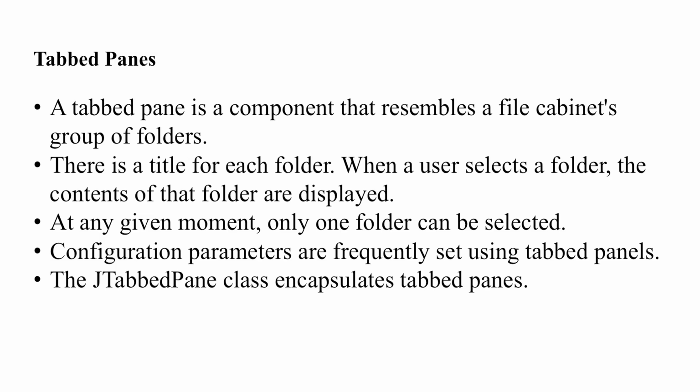One is the tabbed pane. This is a component which resembles a file cabinet, a group of folders. We have a title for each folder. Whenever we select a folder, it will display the content of that folder, and only one folder can be selected at a time.